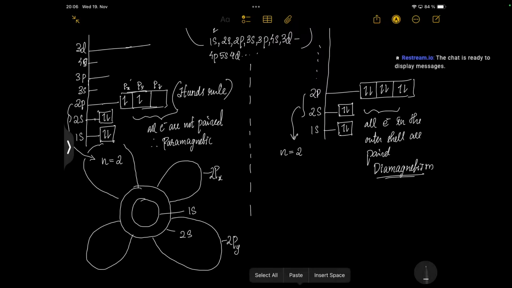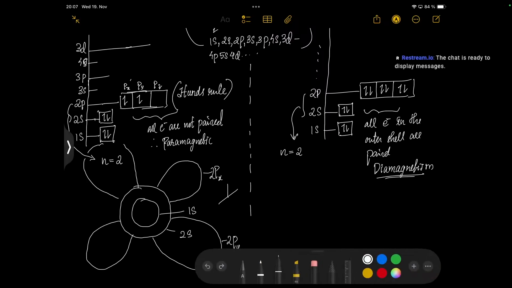In the case of carbon, you could notice that z is not here, because the z orbital is not filled in. That's the reason the pz is not here.